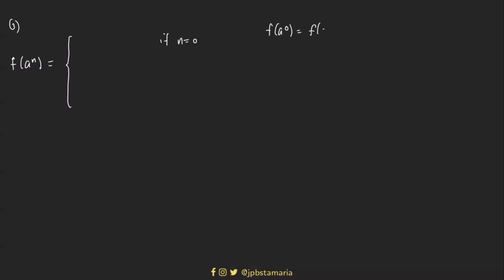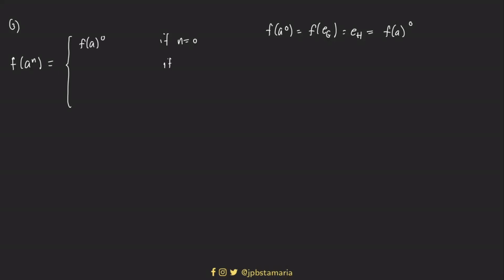F of the identity ang meaning niyan, di ba? Identity in G, and that's e_H. Nagkataon yan yung f of a raised to 0. Di ba? An element raised to 0 in a group, it means the identity.